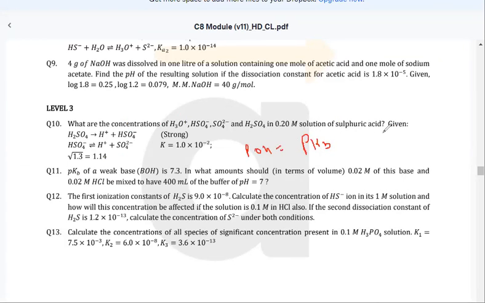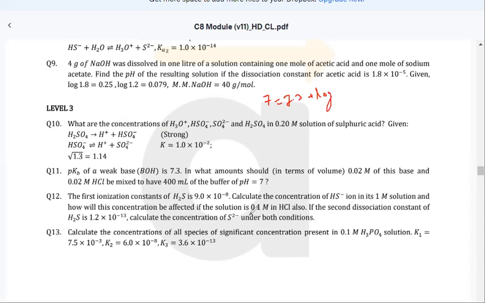pOH is equal to pKb plus log salt by base. Remember this, right? Now, pOH is given because pH is given. So if pH is given, pOH is also given. Yes or no? So pOH is 14 minus 7, which is 7. It's neutral. pKb is 7.3 plus log.